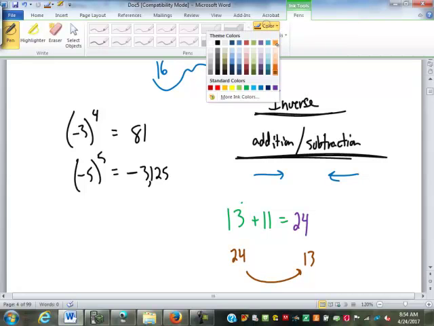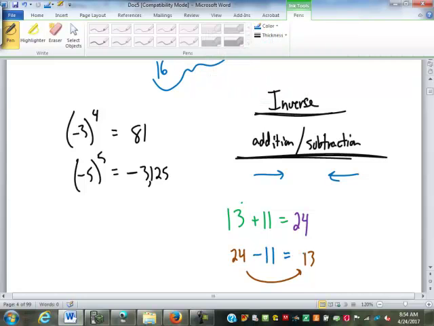What would I have to do? Subtract 11. So what we see here is if we add 11 to a number and then turn around and subtract 11 from that result, we get right back to where we started. Adding and subtracting are inverses. Adding a number and then subtracting the same number cancel each other out, put you back to where you started.